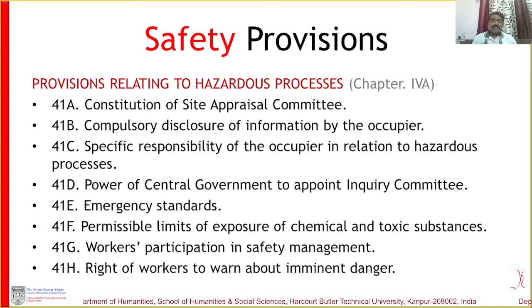This section fixes the responsibility: who will be responsible if something happens, or who is in charge. Then the power of the central government to appoint an inquiry committee in case of any hazardous process or accident. Then there are emergency standards.